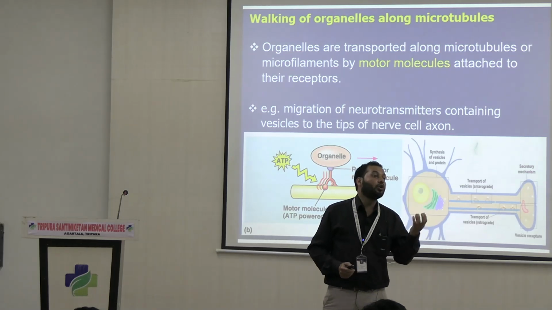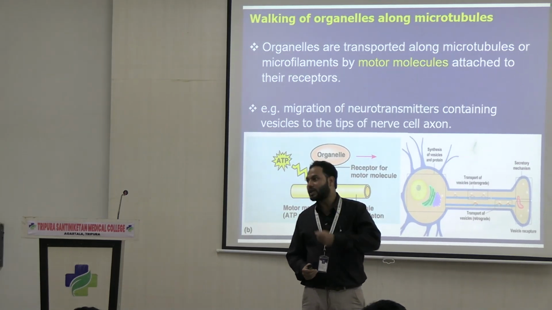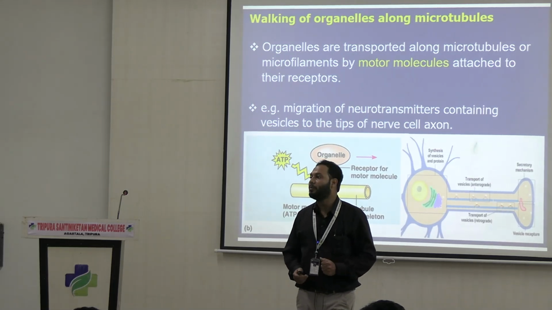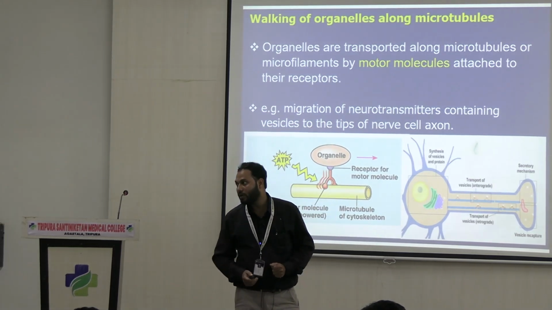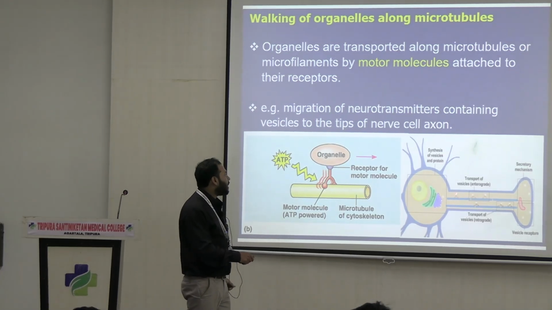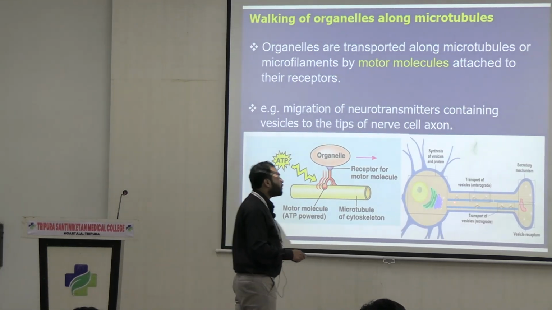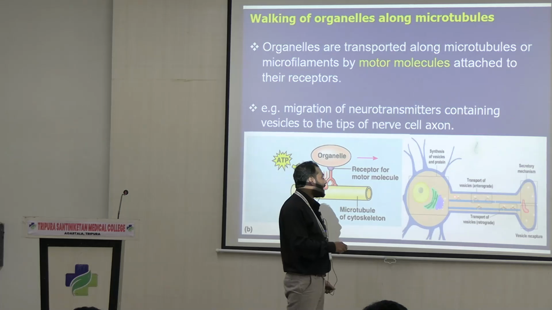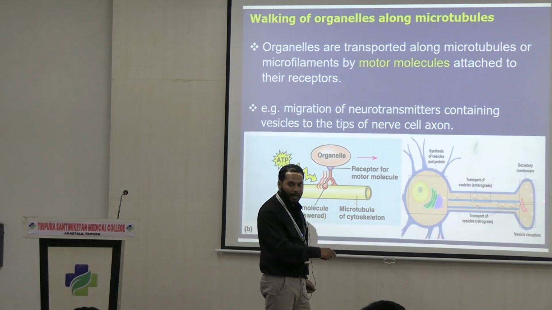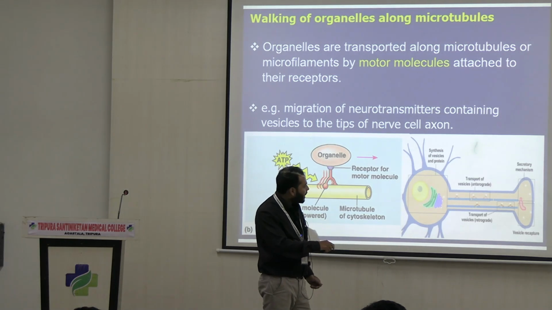That transport of vesicles containing neurotransmitters is actually carried out along the microtubules. Here you can see these are the motor proteins attached to the vesicle, and they move from the cell body towards the axon terminal.